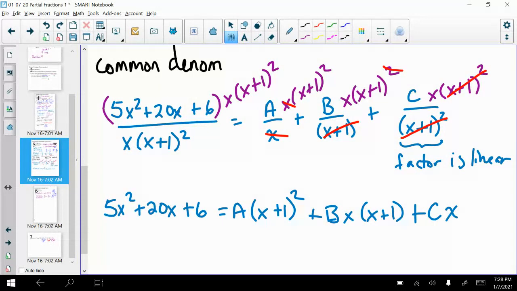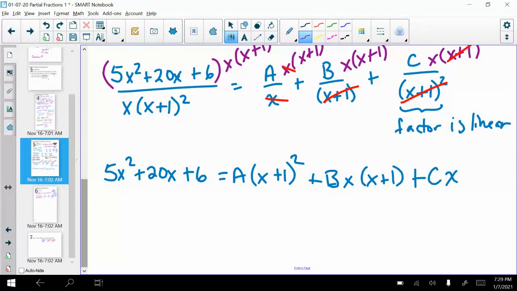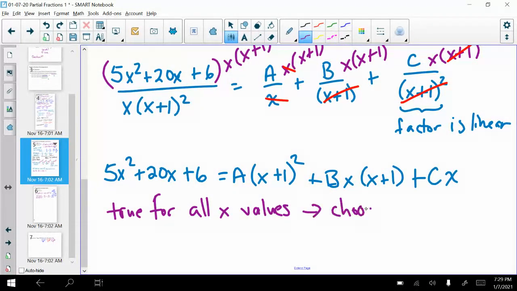Okay. And now we're at the point where we want to start solving for a, b, and c. What's really nice here is this is true for all x values. And why that's lovely is because then we can pick any x value that makes our life easy.